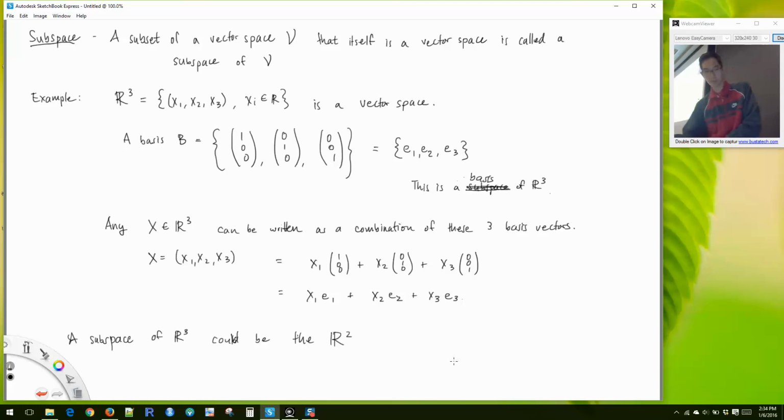Okay, so any two-dimensional plane in the three-dimensional space is a subspace of the 3D space.